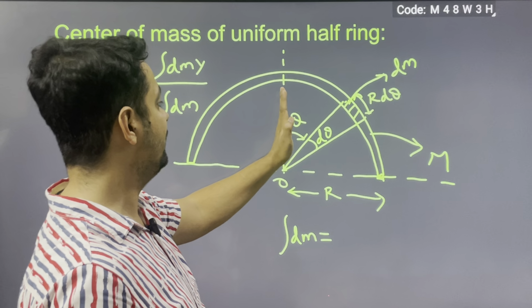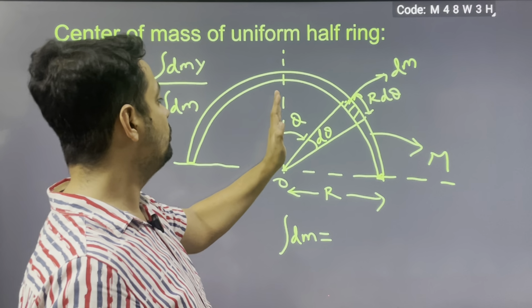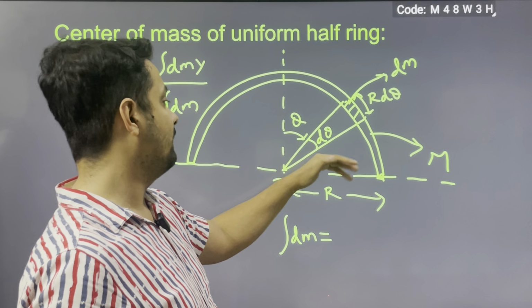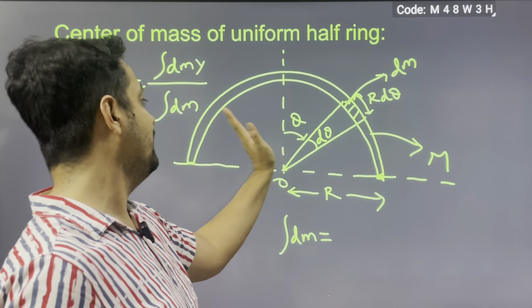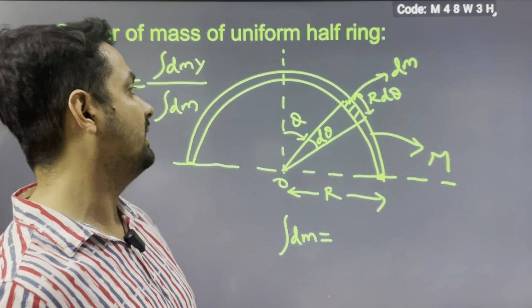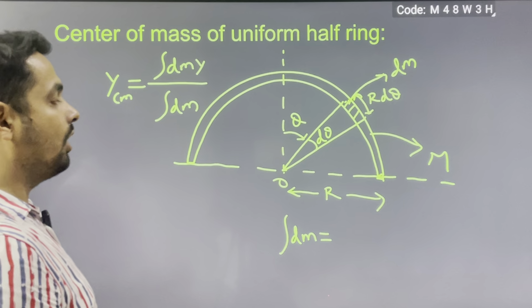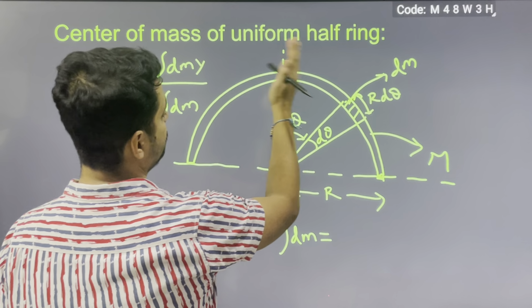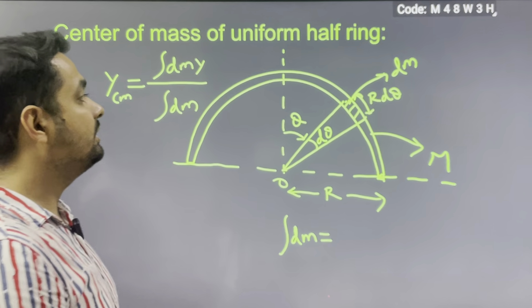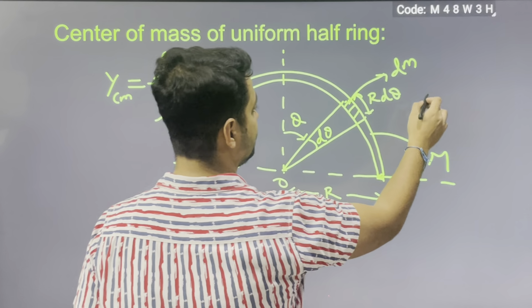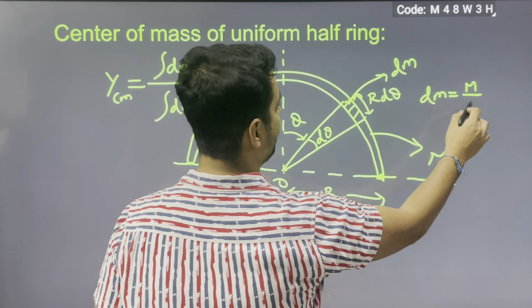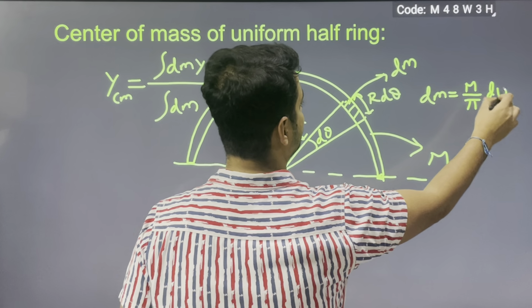It is a two-dimensional case, so theta goes from minus pi by 2 to 0 and then 0 to pi by 2. So theta changes from minus pi by 2 to plus pi by 2, because the reference line is this one. And dm I can write as dm equals m divided by pi into d theta.